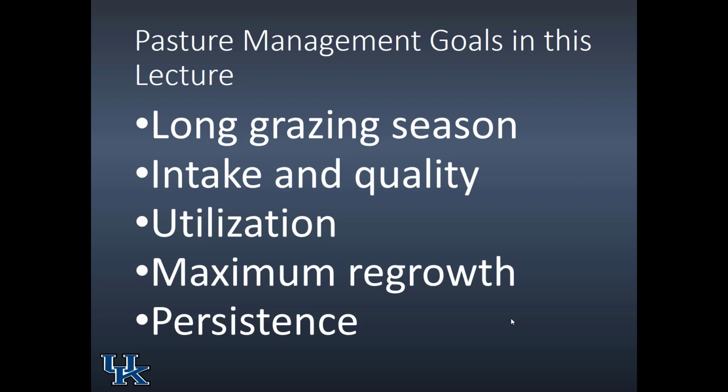And we want to manage for maximum regrowth because that means we've achieved the yield that we need. And we also want our grazing management to allow those productive species, those taller growing erect species, to persist. So this is going to bring me to the close of this first lecture on pasture management.